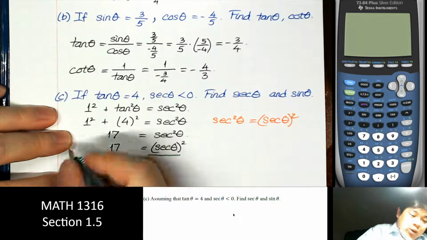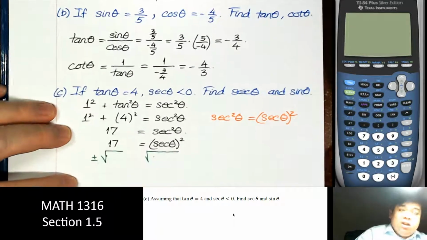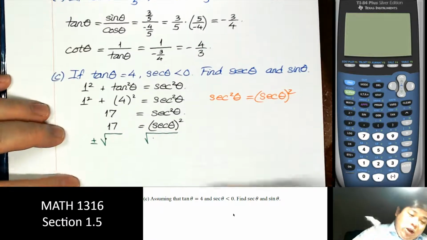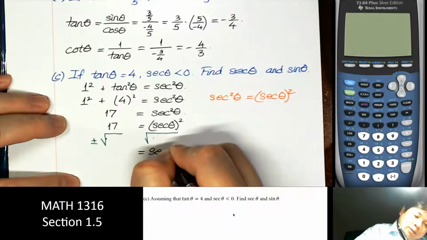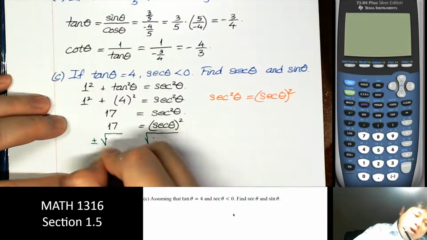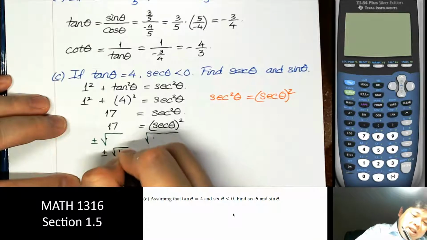Whenever we do that, we have to put plus or minus on one side. So we have secant, square cancels square root, plus or minus square root of 17.